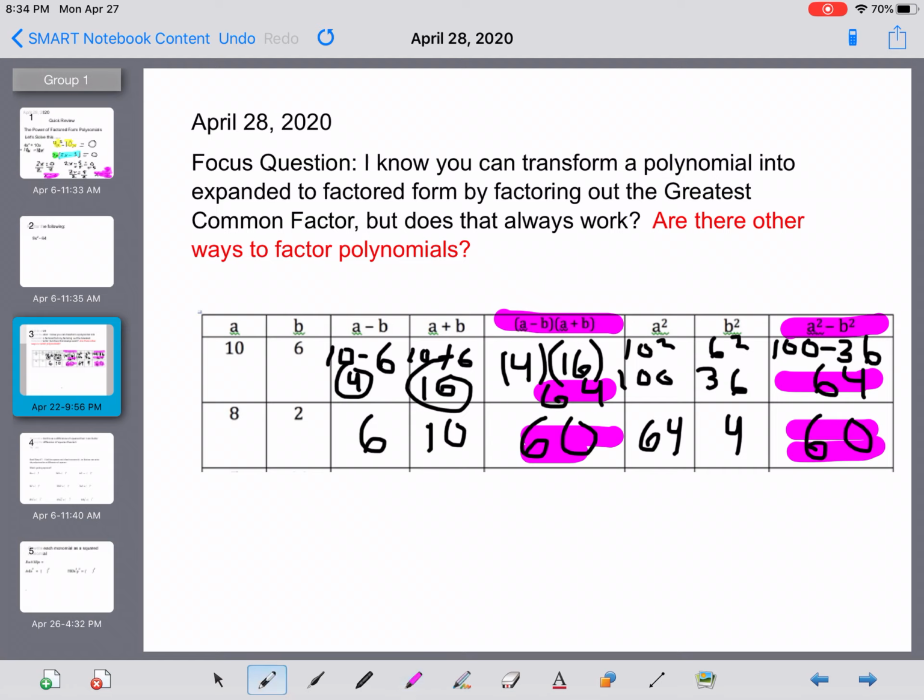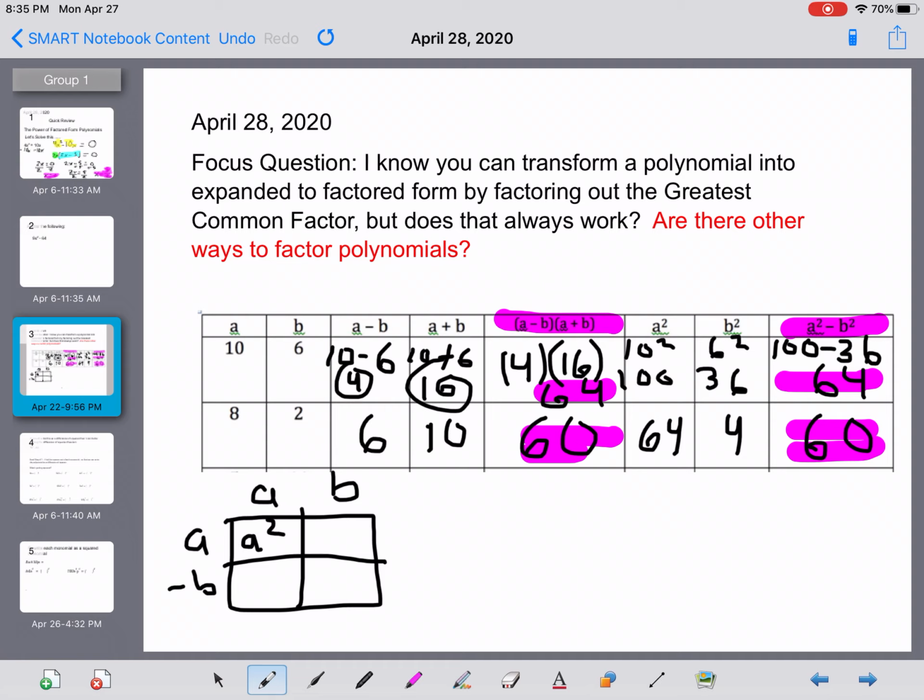And we can prove that, because if we had expansion boxes, and we did A minus B and A plus B, and we multiply that out, this box will be A squared, this box will be A times B, this box will be negative B times A, which is negative AB, and B times negative B is negative B squared.